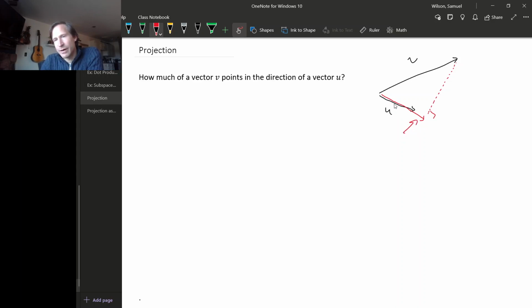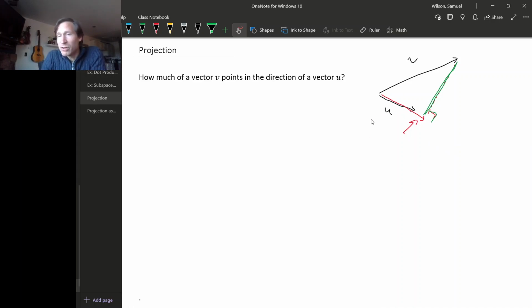It's in the direction of u, so it's a scalar multiple of u, and also the way that we've pressed v down onto u, we've done it so that this other side is perpendicular to u.